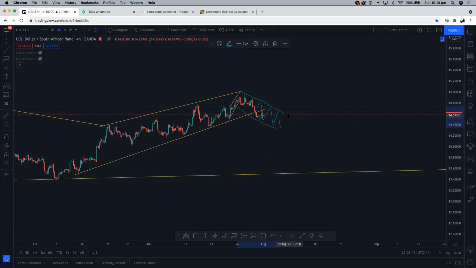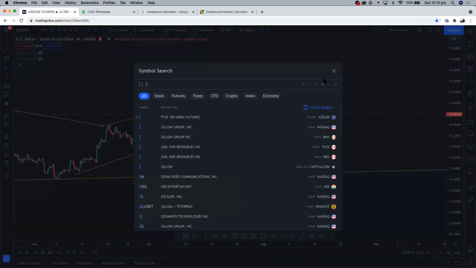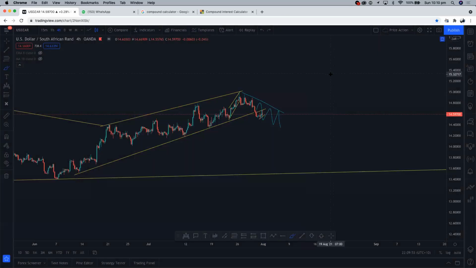That's a correction which should go up. But now price didn't break in that manner. Price has actually broken out like this. It made an impulse down, so we're expecting a continuation pattern here. So that's what we look for.